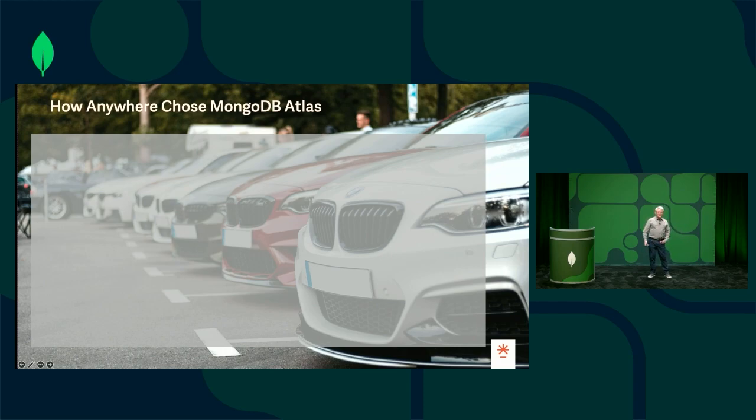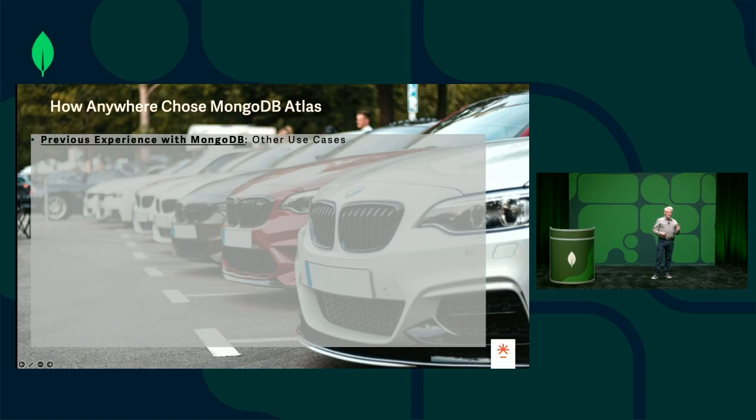So how did we end up choosing MongoDB Atlas? I'm going to go back a little bit in time and not talk yet about search, but just Atlas in general. We started with a couple of different use cases. We had some APIs that we were building, and we also had a transactional system used for real estate marketing and advertising.